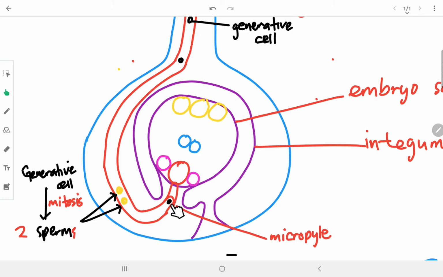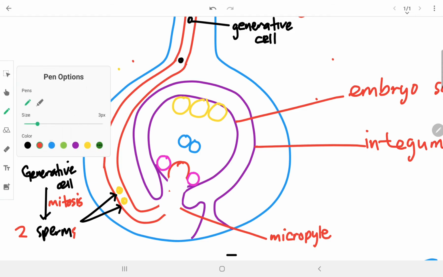So what happened to the tube cell? It will degenerate. So dia akan degenerate. Okay, something like this. It will degenerate macam ni.